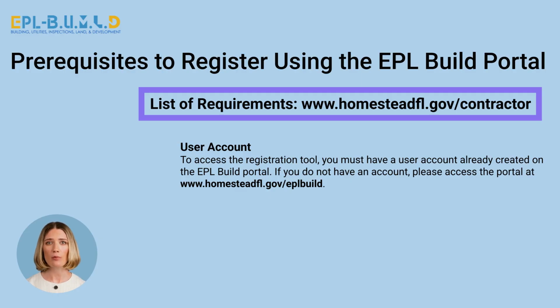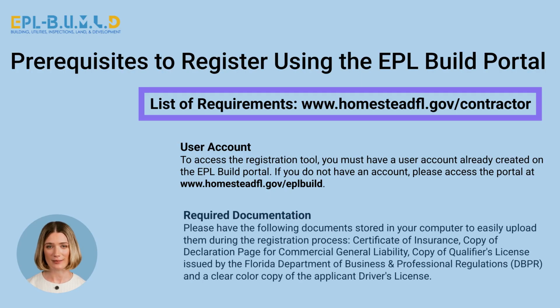Once the portal's homepage loads, click the Login or Register link located on the top right-hand corner and follow the steps to create your account. If you need help, please view our video tutorial on how to create a user account. This is a separate video, and the link to it is provided in the description below.